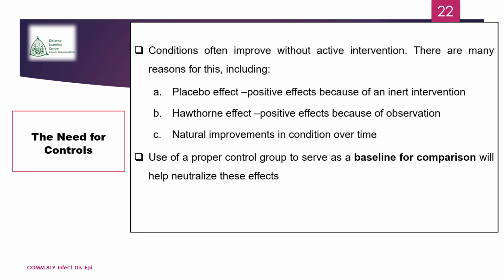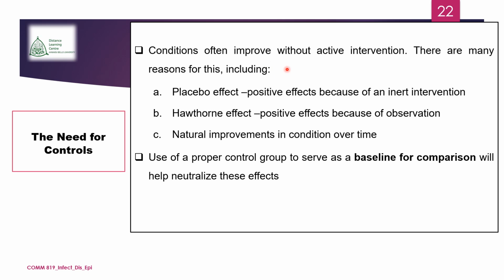So, a very important question to always ask is, why do we need a control for any type of experiment? We need control, of course, because one, conditions often improve without active intervention. Okay, there are many reasons for this.